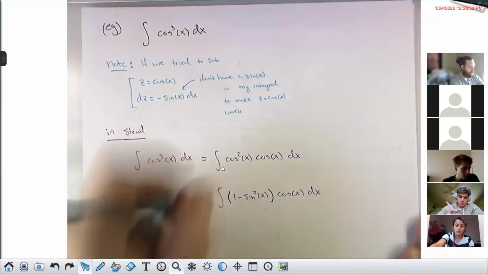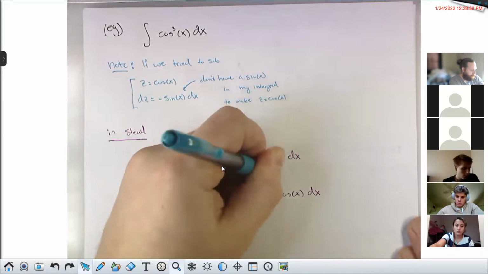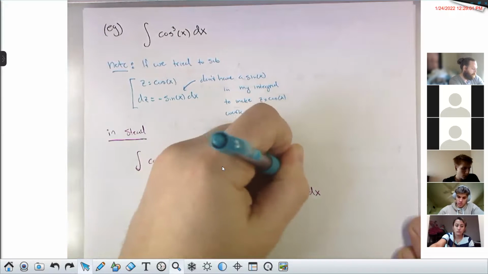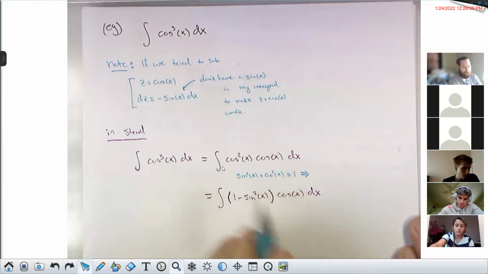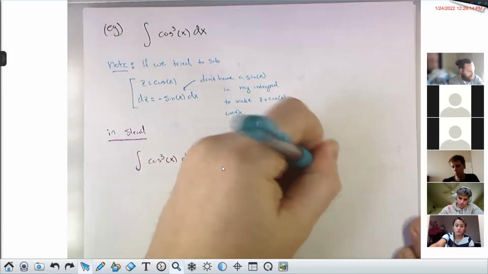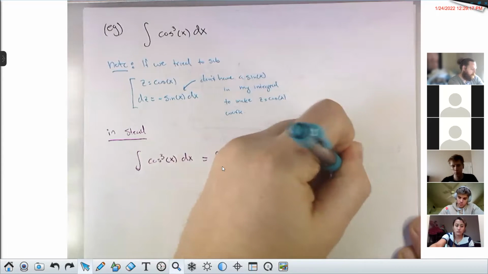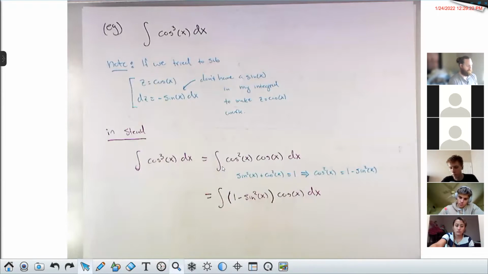This is coming from the fact that sine squared x plus cos squared x is equal to 1. If you're ever uncertain, just go back to that. Solve for cos squared now. Subtracting sine squared from both sides, I get cos squared is equal to 1 minus sine squared. So I've replaced this cos squared with 1 minus sine squared using that identity.